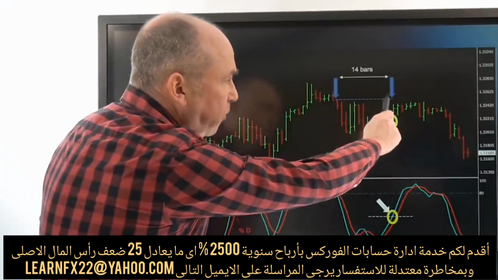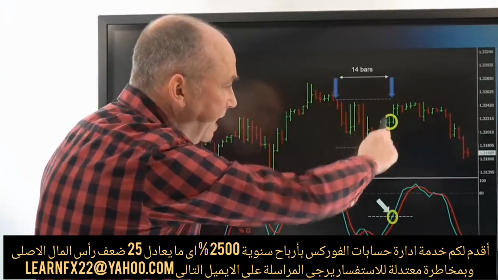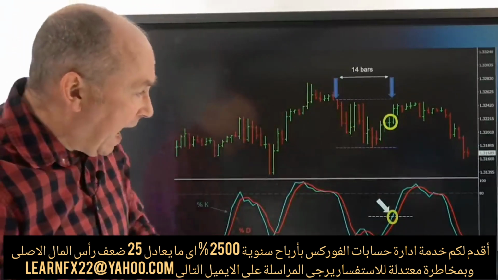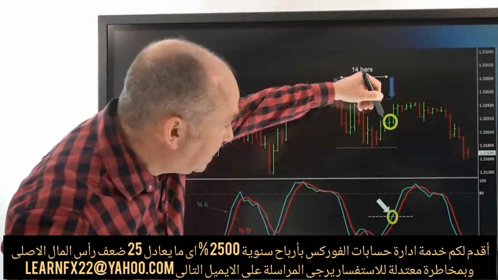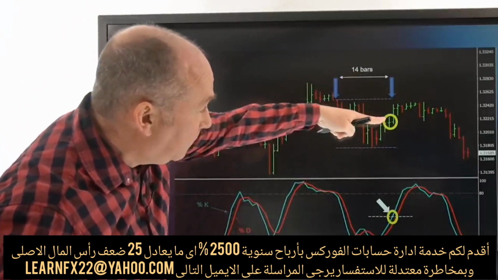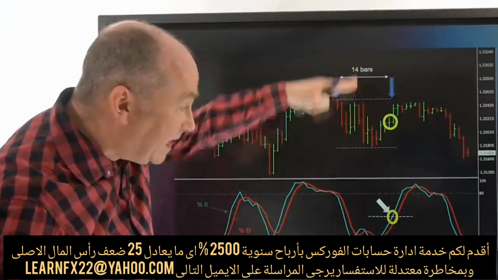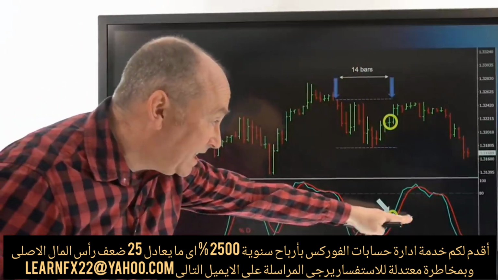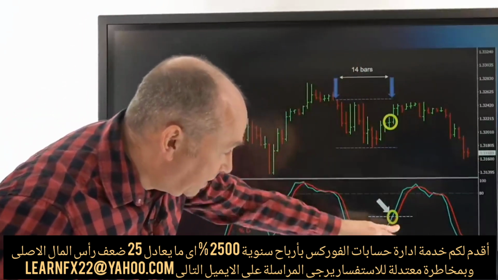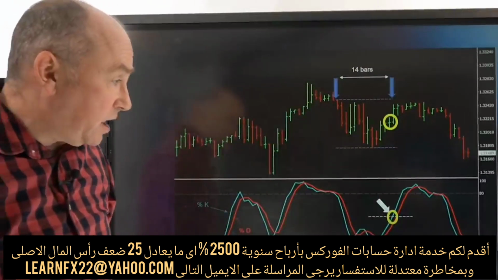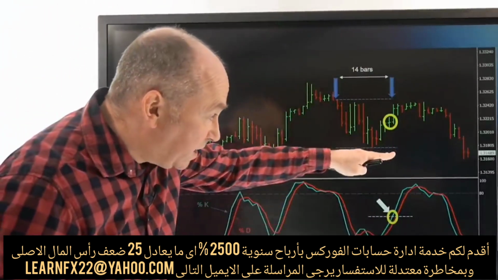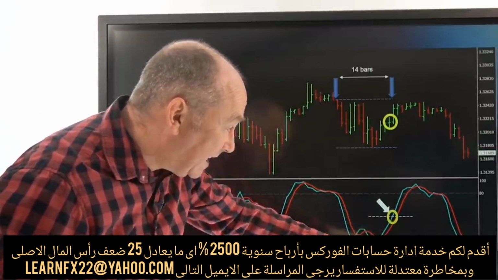If you scroll further down the chart here, I've done another screen grab of a range here. So you've got a 14 bar range, there's 14 bars in this range, okay? And if you look here, price is basically in the middle of that range. And if you look at the stochastic indicator, signal there with that yellow little circle, is in the mid-range between 100 and 0.